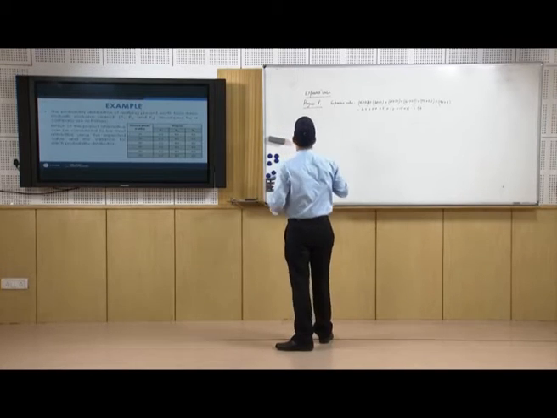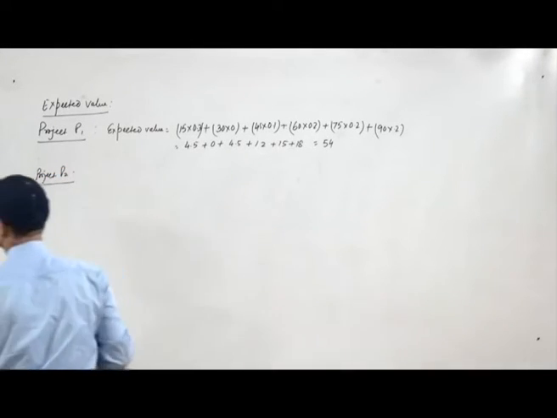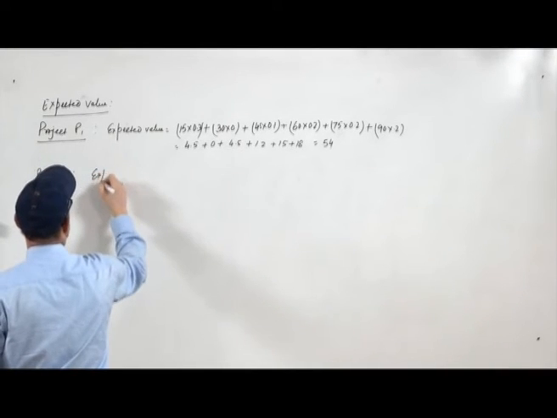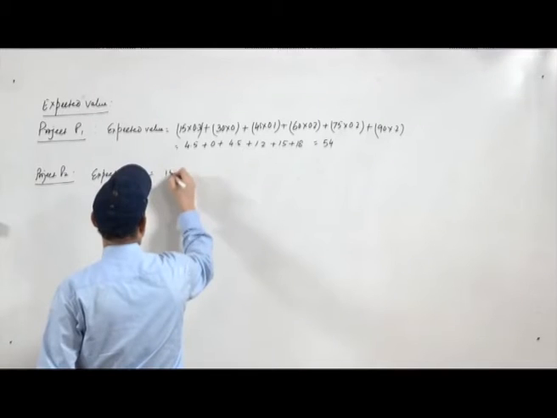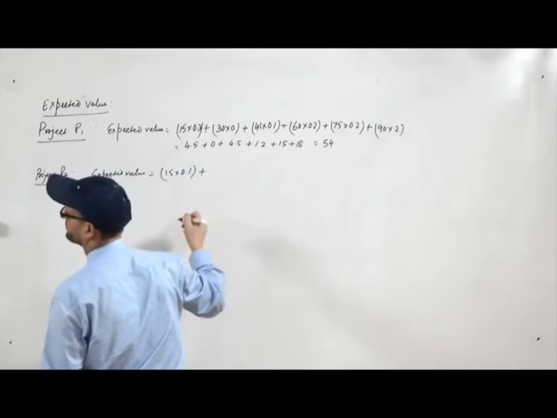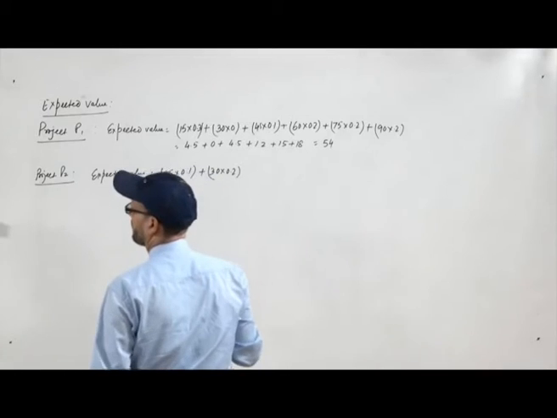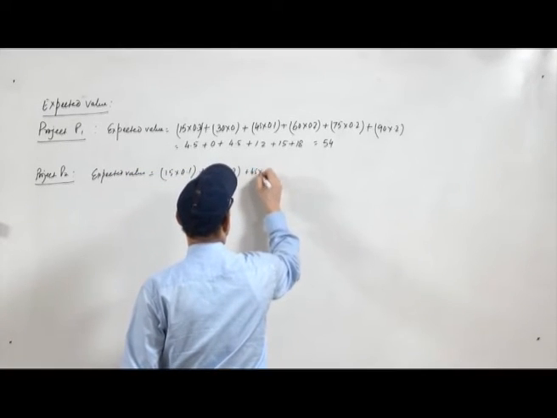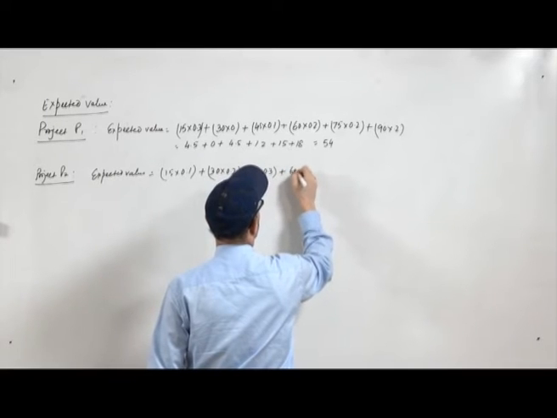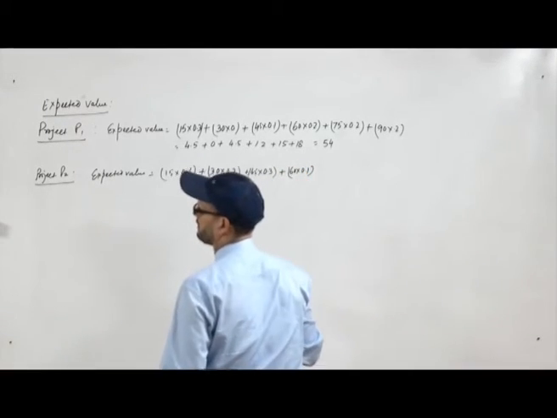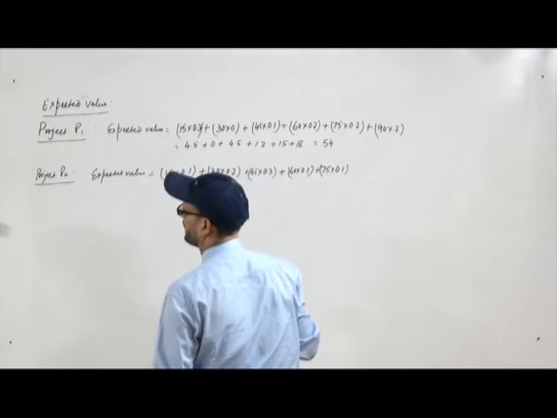Then let us see for project P2. For project P2, in the similar fashion we can get the expected value. It will be 15 times 0.1 plus 30 times 0.2 plus 45 times 0.3 plus 60 times 0.1 plus 75 times 0.1 plus 90 times 0.2.